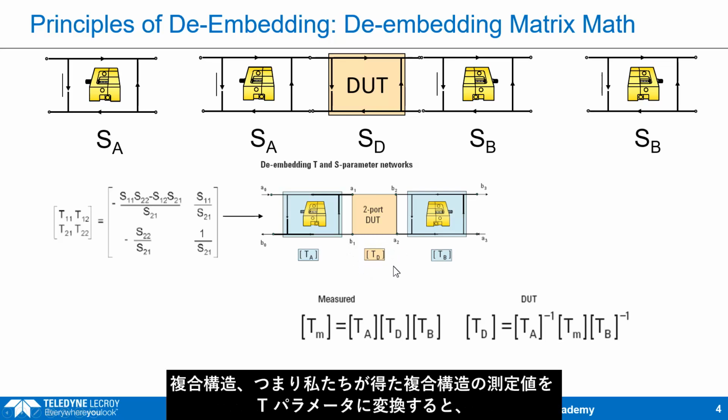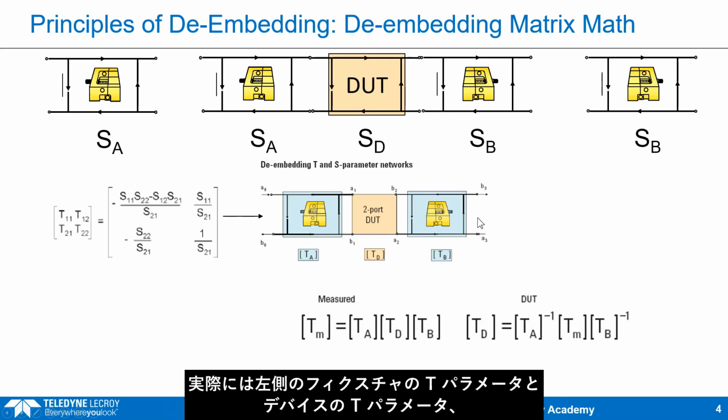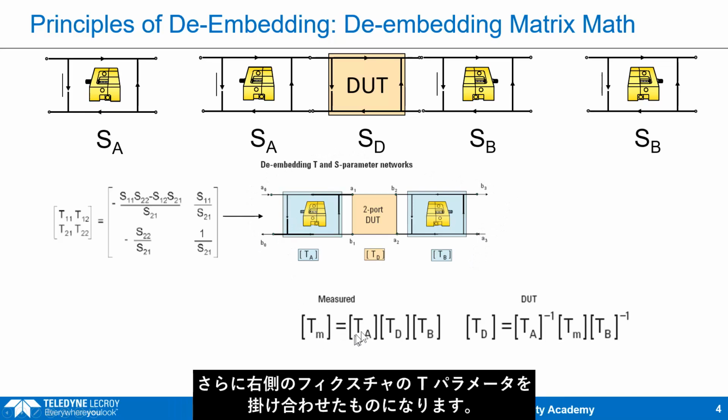The composite structure, that measurement of the composite structure that we've got, when we convert that one measurement into the T parameters, it's really composed of the T parameters of the fixture on the left times the T parameters of the device times the T parameters of the fixture on the right.